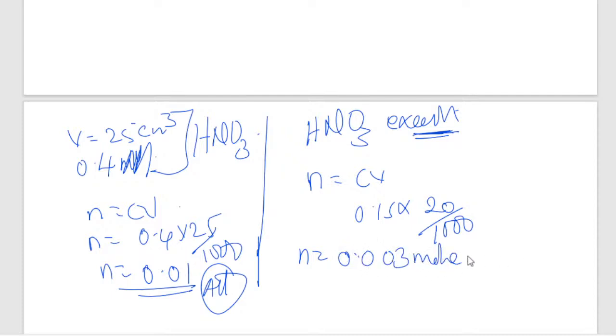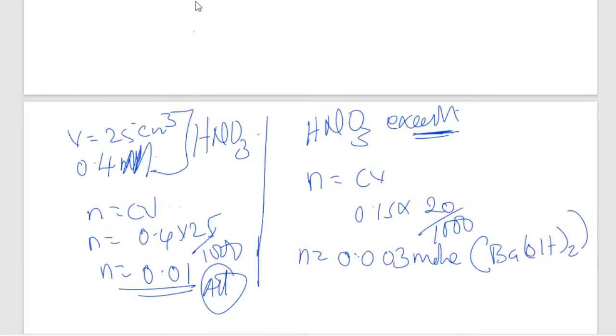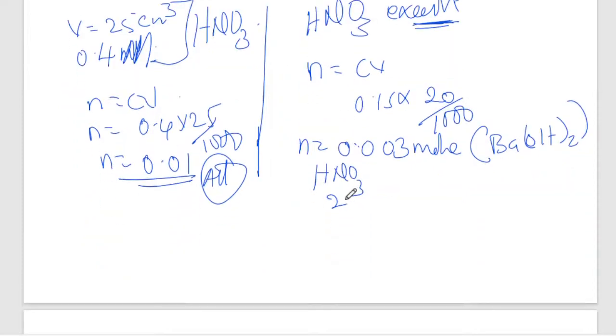moles. But these moles are the moles of barium hydroxide. You understand? But now you can use the mole ratio, because that's barium hydroxide. The mole ratio is 1 to 2. So it means that nitric acid is 2, while barium hydroxide is 1.